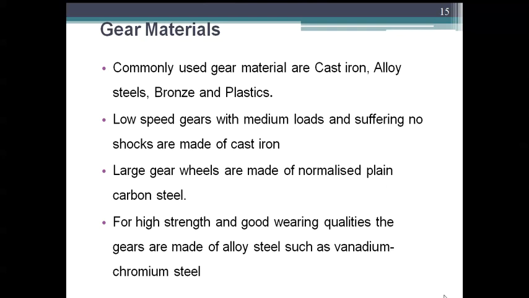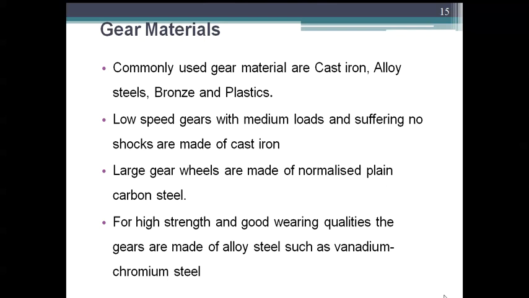We use low velocity gears, where the velocity is lesser than 3 meter per second, and medium velocity gears, where the velocity is 3 to 15 meter per second. And high velocity gears have more than 15 meter per second, then we use the high velocity gears.